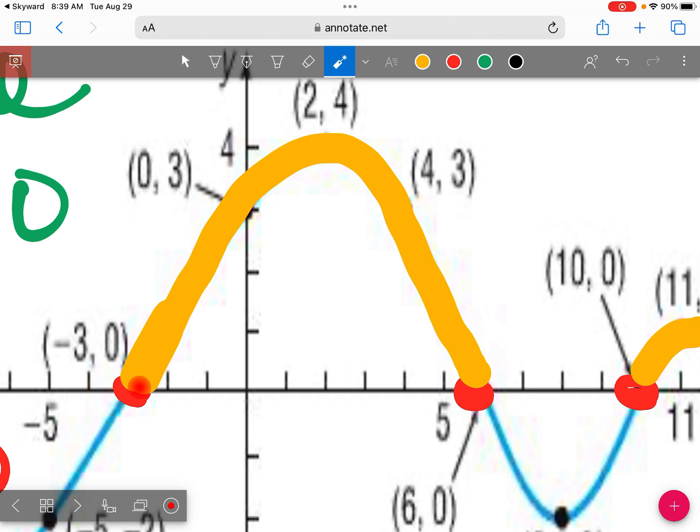It's not positive or negative. It's positive when x is greater than -3, not equal to -3. So it's not positive at these points, which is another reason why we don't use brackets. It's positive between these points.